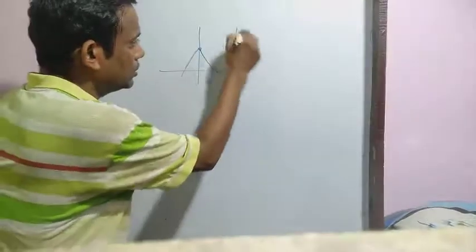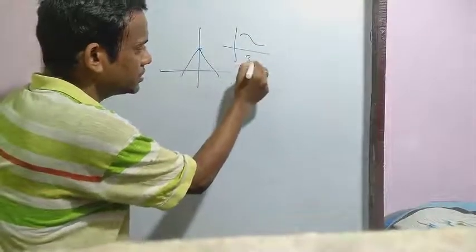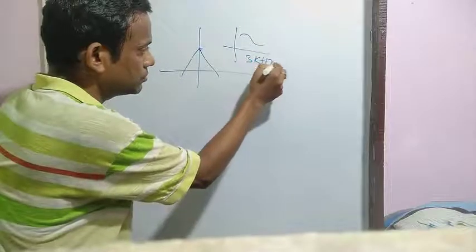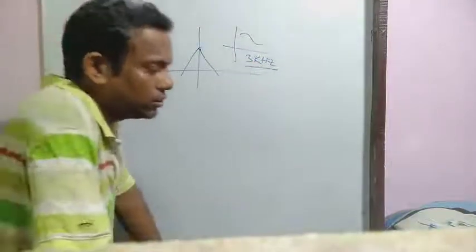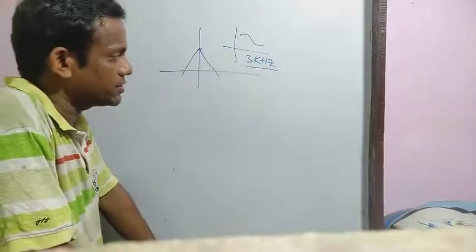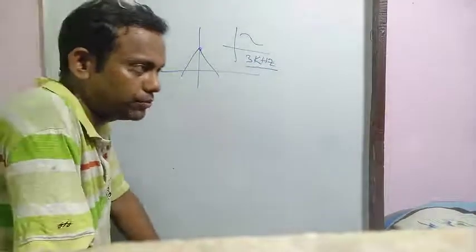Why? If you are working with a low frequency signal, say the signal frequency is 3 kilohertz, you cannot transmit this signal for a long distance, as its power will be very low.